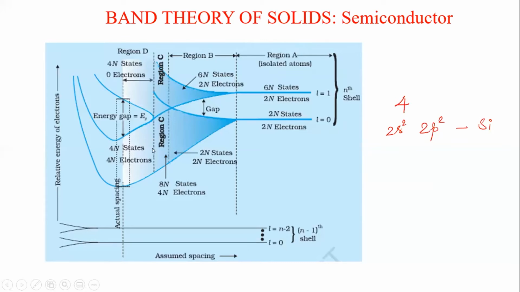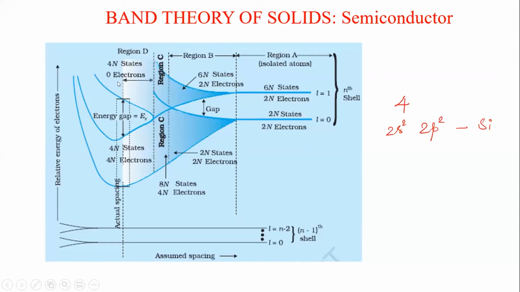The energy level changes. It will decrease, if you compare the original energy level when they are isolated to when they form a solid, when the atoms come nearby and form bonds between them. So you can see the dispersion is more. That means the energy level changes, it decreases as well as increases.